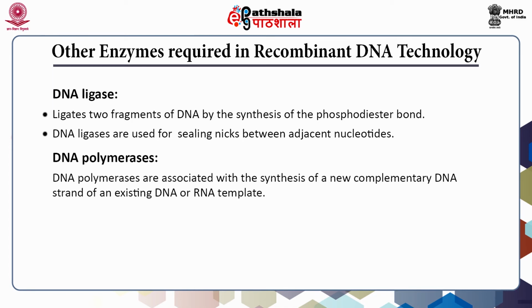DNA polymerases are associated with the synthesis of a new complementary DNA strand on an existing DNA or RNA template. Examples of some DNA polymerases used commonly in genetic engineering are DNA polymerase 1 prepared from E. coli, and Taq DNA polymerase used in polymerase chain reaction.